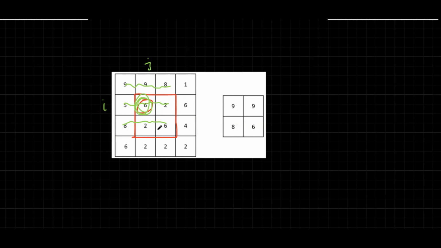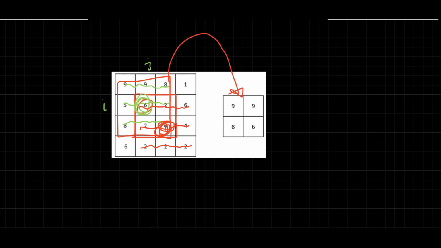Similarly, suppose we are at this 6 right now. The nested loop will cover this 3 element, this 3 element, and this 3 element. This is how we are going to solve it. For each iteration, we will simply calculate the maximum of the corresponding 9 values and place it into a resultant vector. I hope you understood the algorithm.